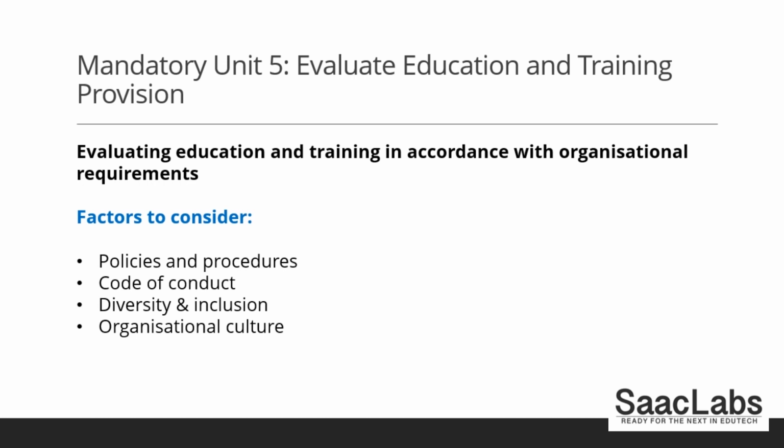What are the key aspects that we should be paying attention to when we are delivering, in order to ensure that people within the learning environment feel included and everyone feels supported, irrespective of their background, irrespective of their race, and things like that. So there are quite a few factors that we should be considering as training and development practitioners as well. Policies and procedures should always be something that we never skip.